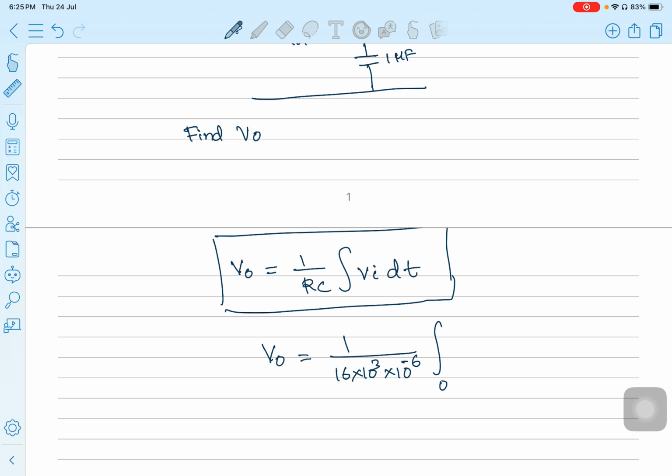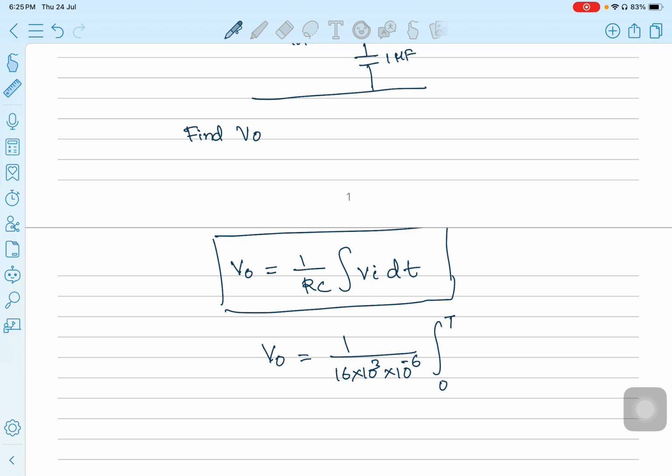here for the output voltage, I can go for a half cycle, or I can go for a full cycle. Suppose I am going for a half cycle, I can take the time period as t1. Anyway, I will go with t equal to 1 millisecond.